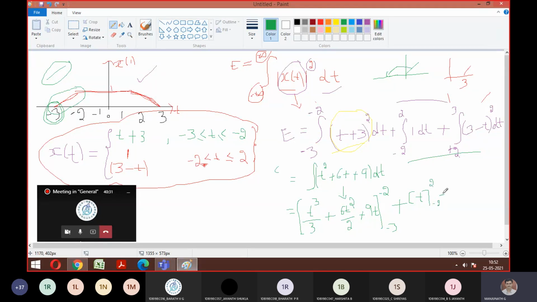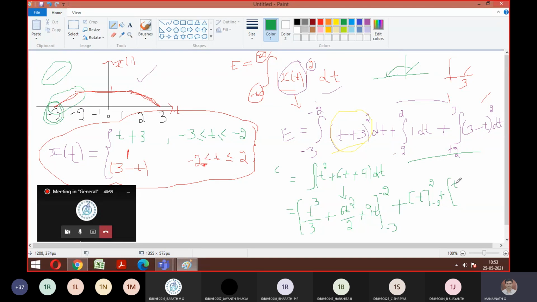And what about the last one, guys? So was it t square minus 6t plus 9? Yes or no? So after doing integration, what is the answer for this?